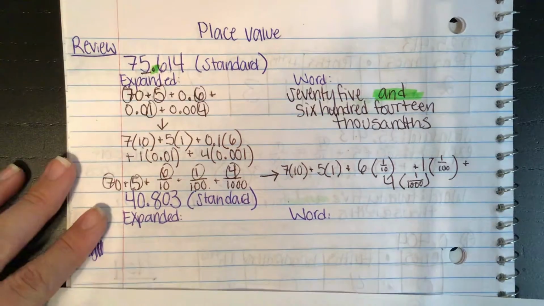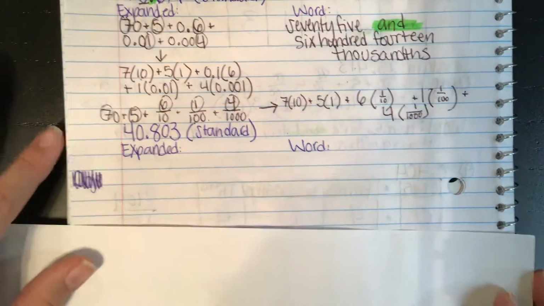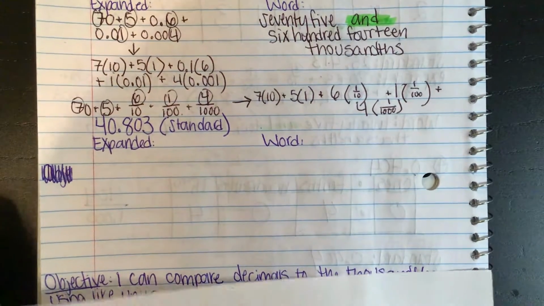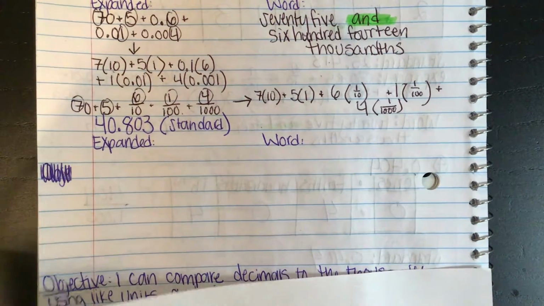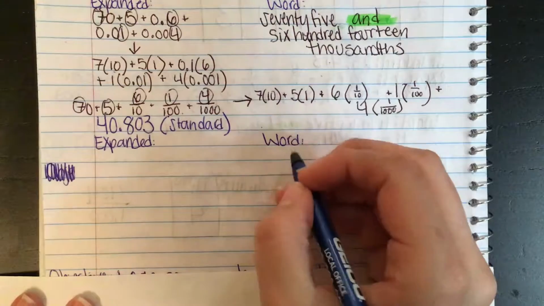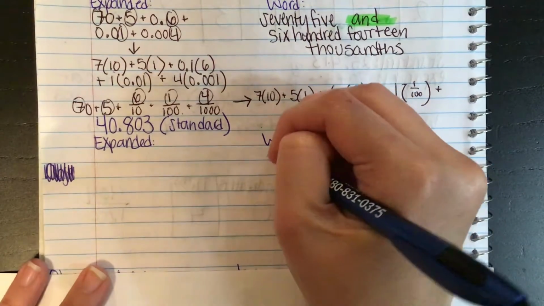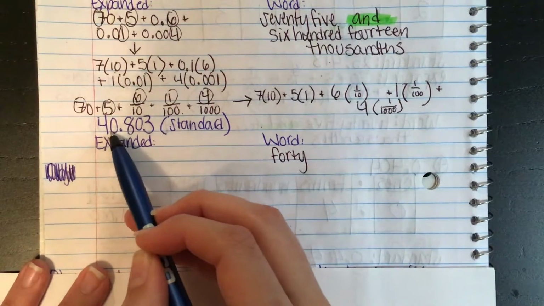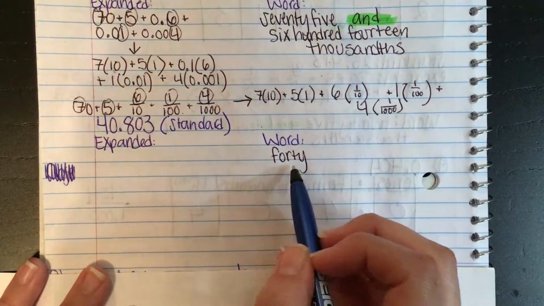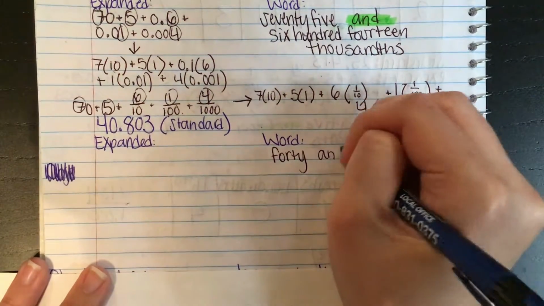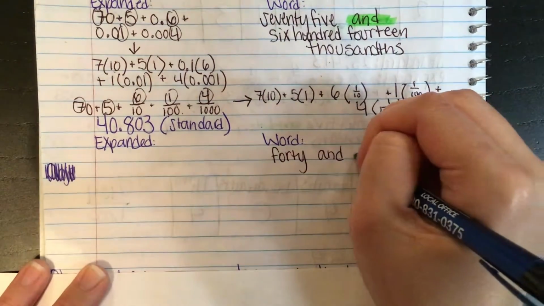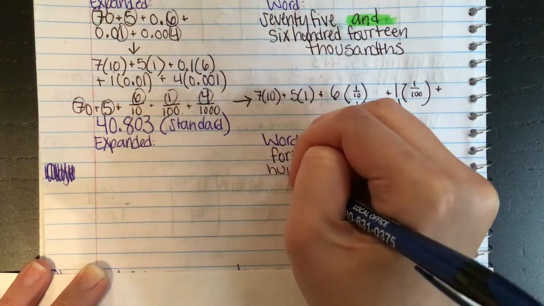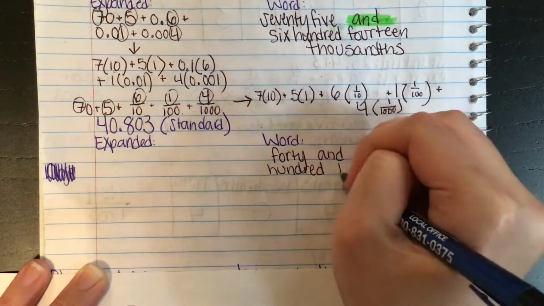Let's try one more review problem. You can ignore this little scribble. I already wrote the standard form for you. We'll start with the word form this time. 40, I have nothing in the ones place, so this is just 40. And there's my decimal. 803.